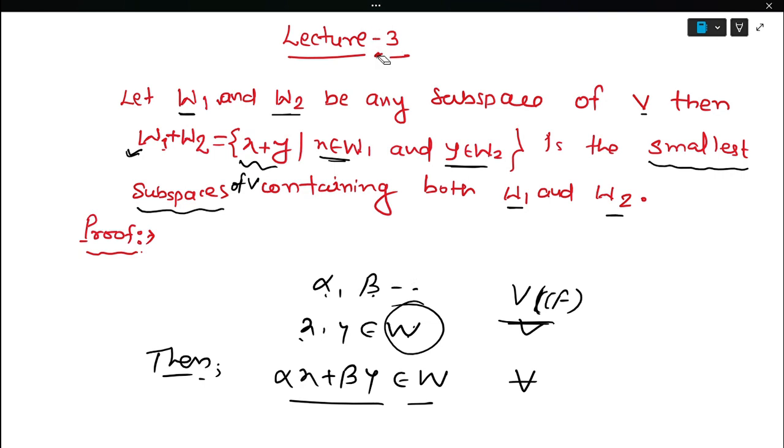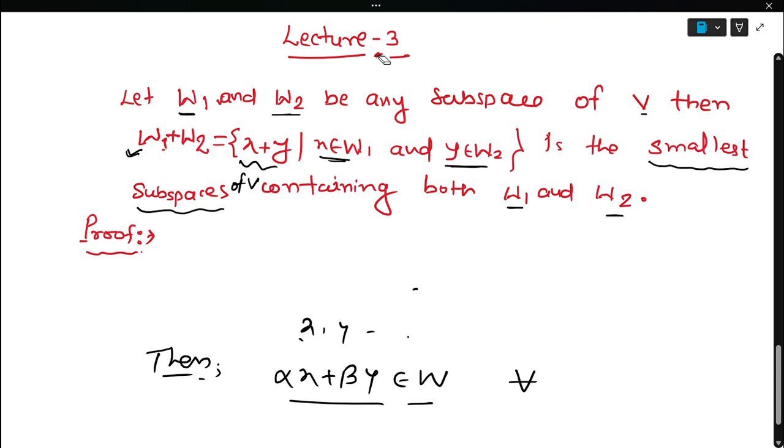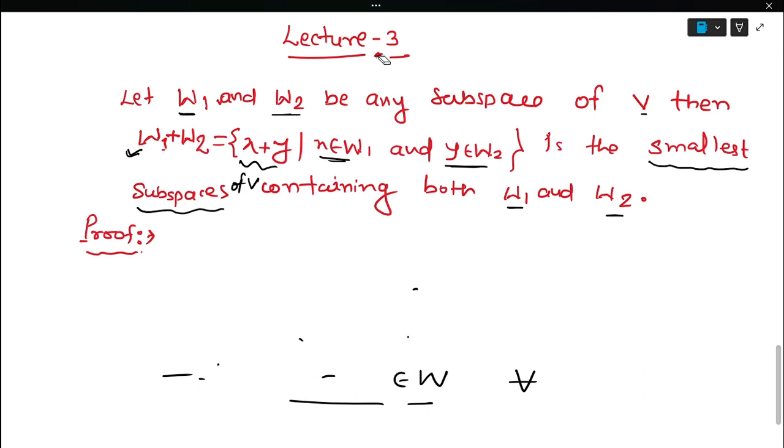So we will use this result and show that W1 plus W2 is a subspace of V.